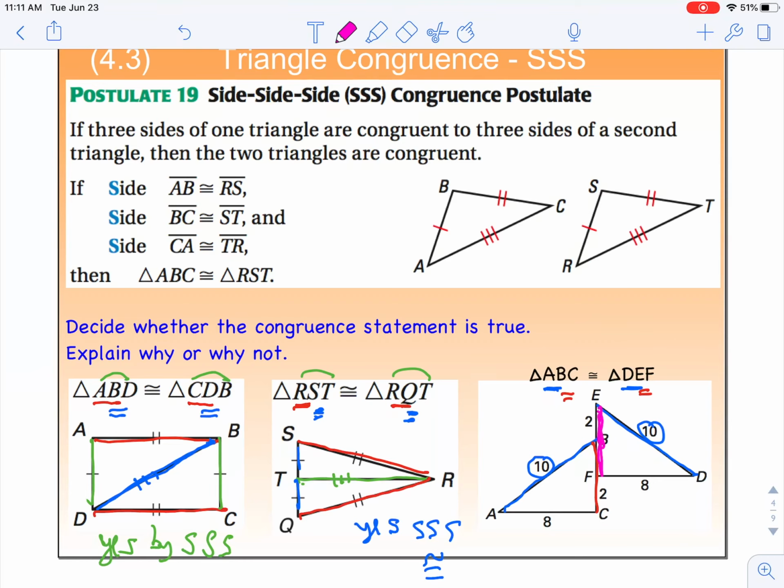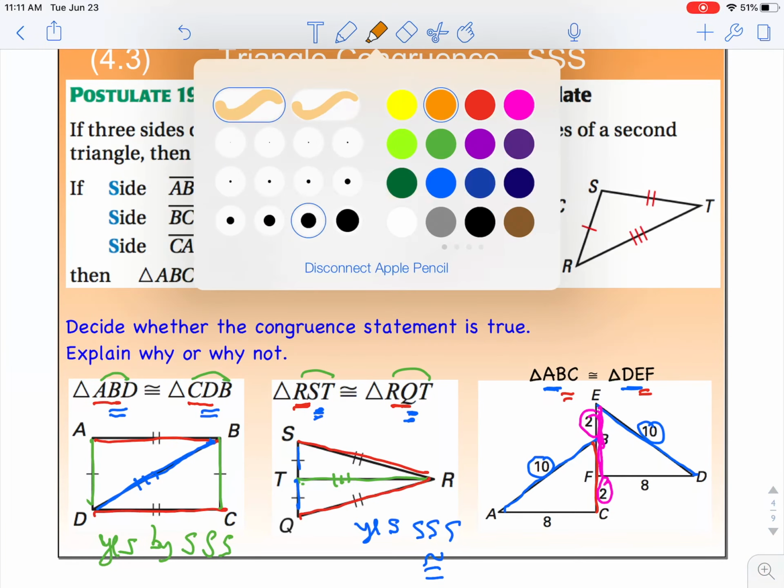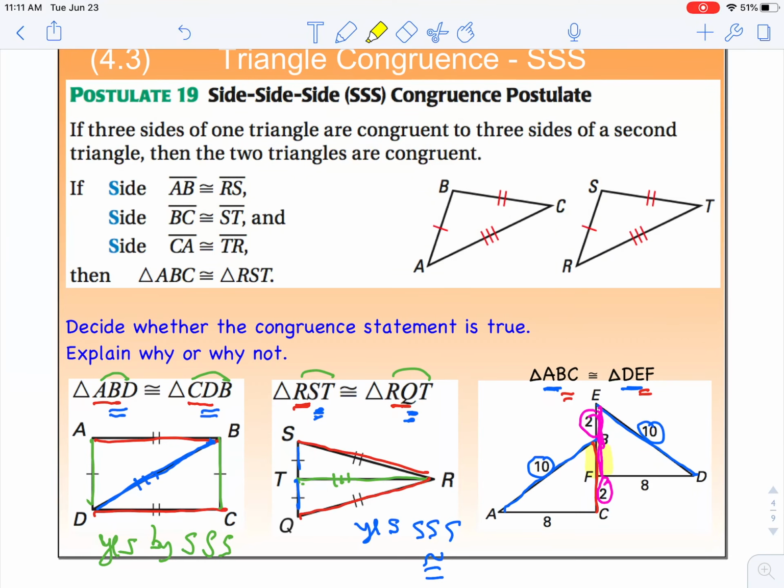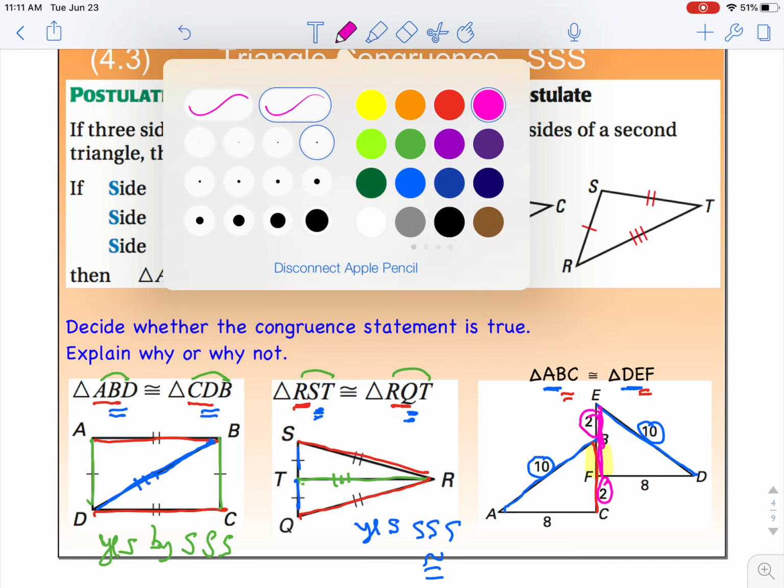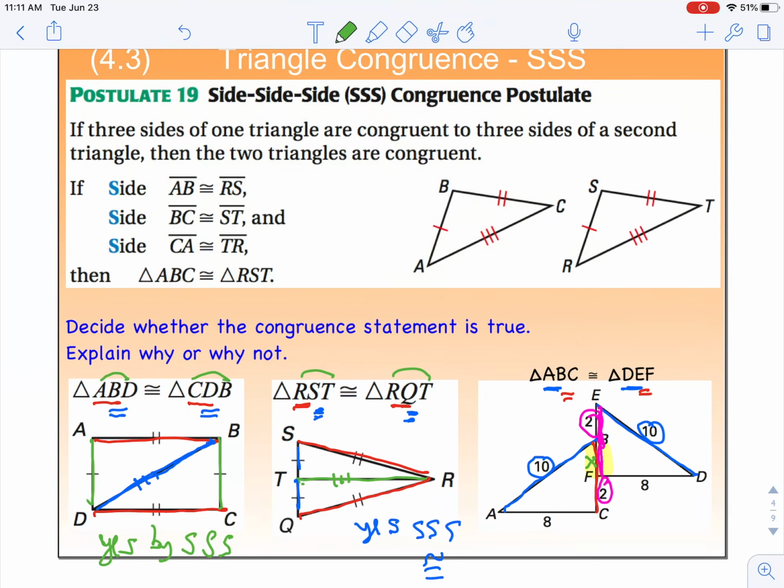Are those congruent? Well, this is 2 and this is 2. So each has 2 up to that point, and then the piece in between has to be the same length because it's the same part of the segment. If we call that piece X, then BC is X plus 2 and EF is X plus 2.